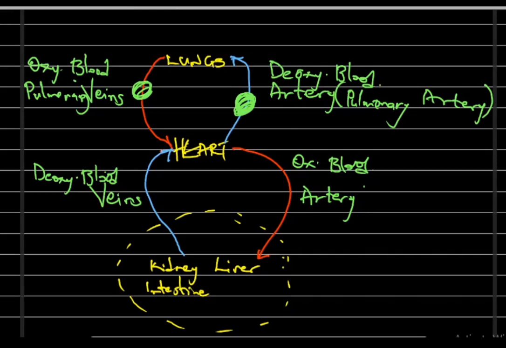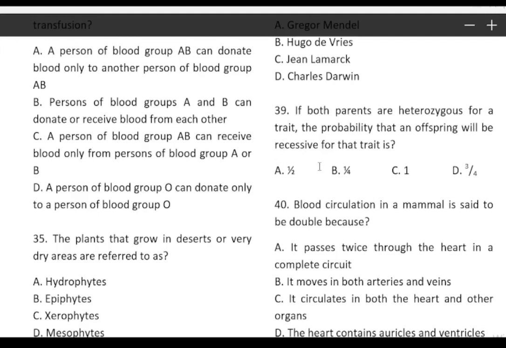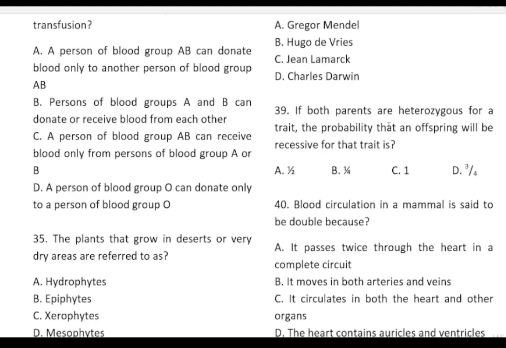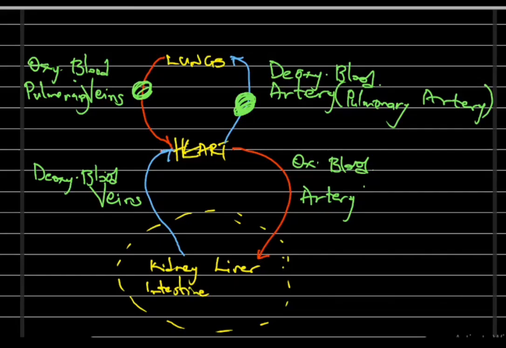So now our question is, why do we say that the blood passes the heart twice? Or the question that we're actually talking about here, that the circulation of blood in mammals is said to be double. Now it is because whenever we breathe, oxygen is being taken in the lungs into the blood. The alveoli of the lungs carry out gaseous exchange.